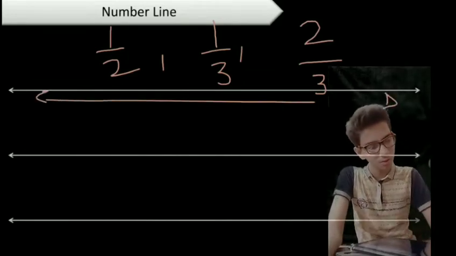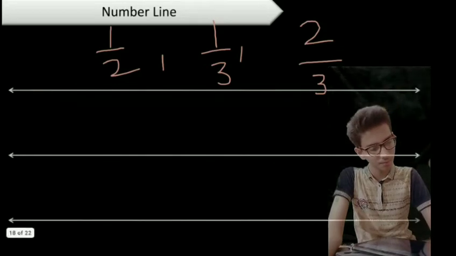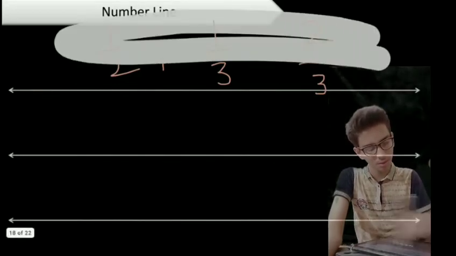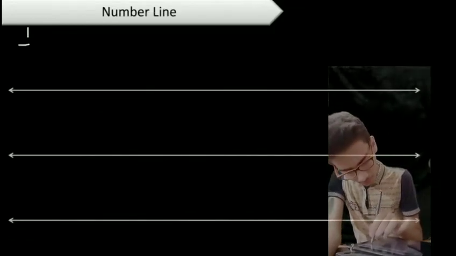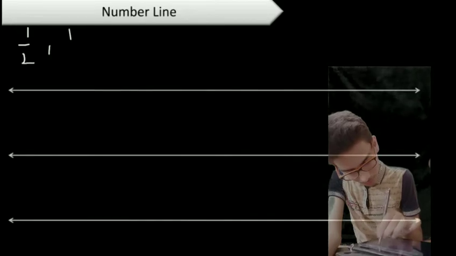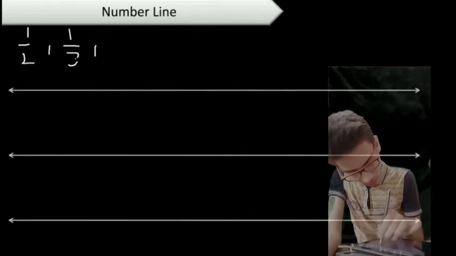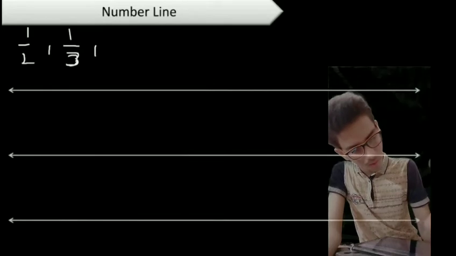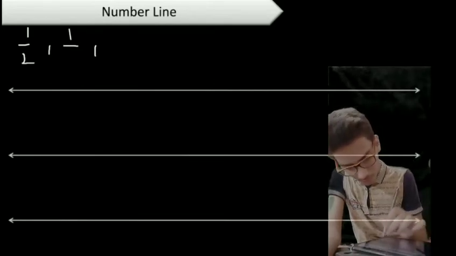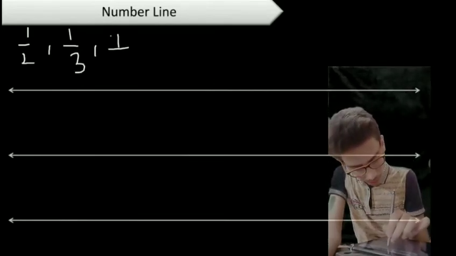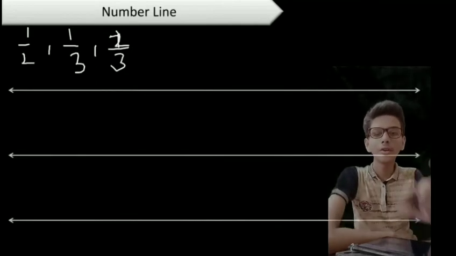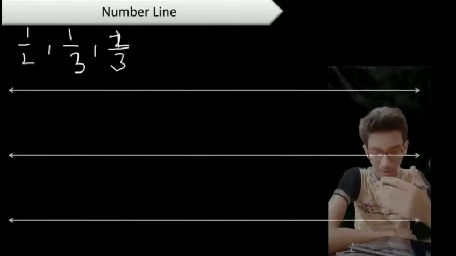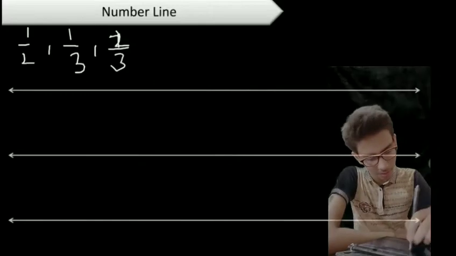So first of all, let me write these all down small: 1 by 2, 1 by 3, we had 2 by 3, right? Now first of all, we are going to make the denominator the same.